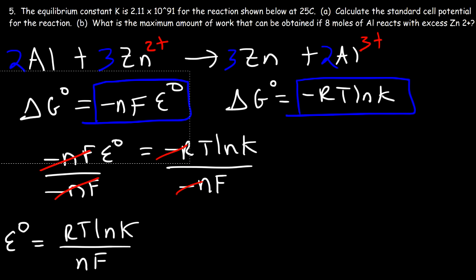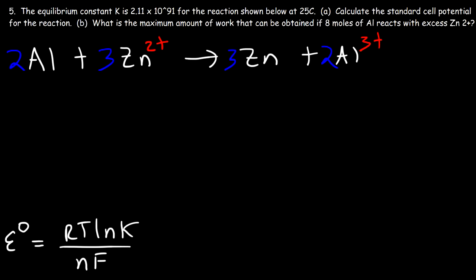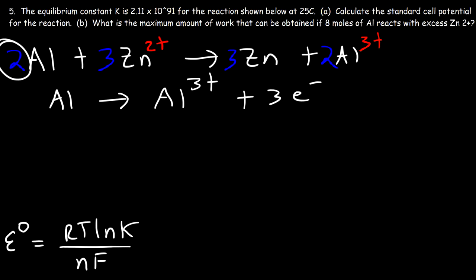Now, we need to calculate N. So let's separate the overall reaction into half reactions. As aluminum turns into the aluminum 3+ cation, it has to give away 3 electrons. Now we have a 2 in front of Al, so we got to multiply that reaction by 2. And 2 times 3 electrons is 6 electrons.